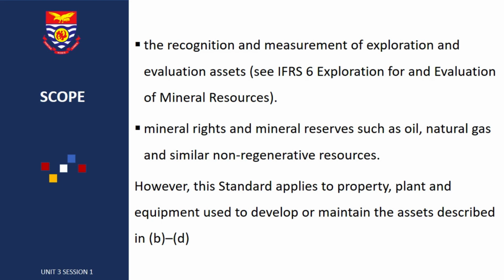And the standard that deals with this is IFRS 6. And this IFRS 6 talks about exploration for and evaluation of mineral resources. So if the property, plant, and equipment fall under the exploration for and evaluation of mineral resources, you apply IFRS 6 to that.